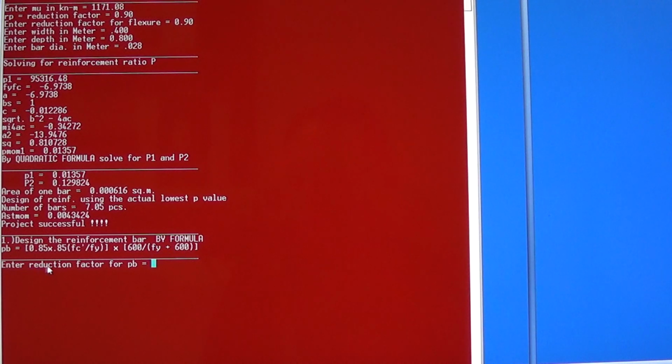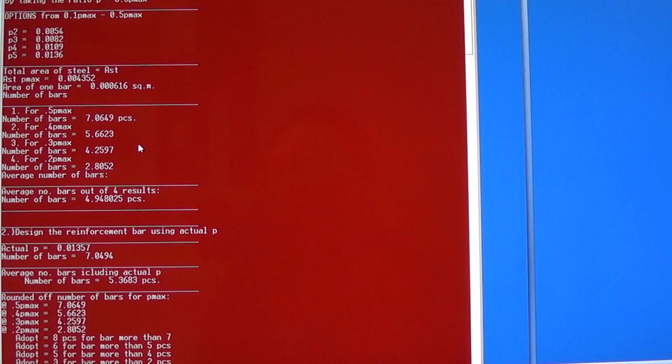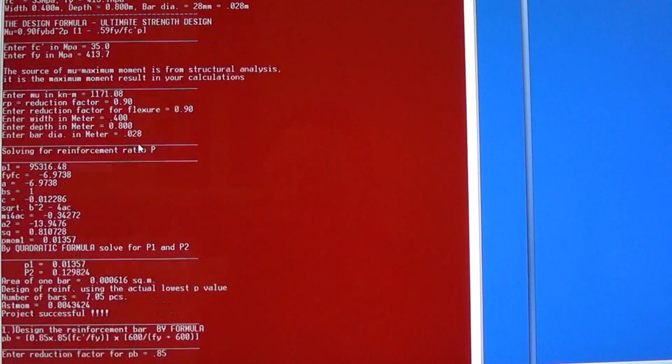So now the factor for P balance is 0.85. I only enter one. This is one click, because the program already exists, and all I need there is the reinforcement ratio, and Python will execute that program and give you the result.